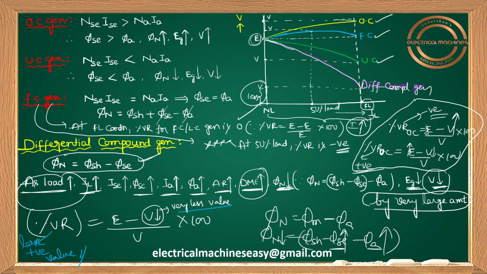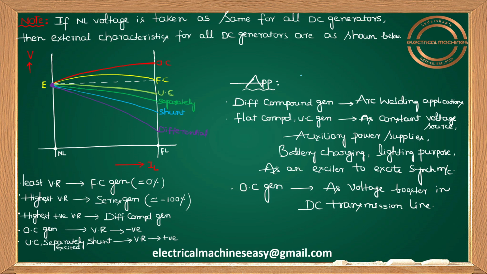So this is for over compound, flat compound, under compound, differential compound. Since external characteristics are very important from an examination point of view, I'll draw the external characteristics, V versus IL, for all the generators in one graph.